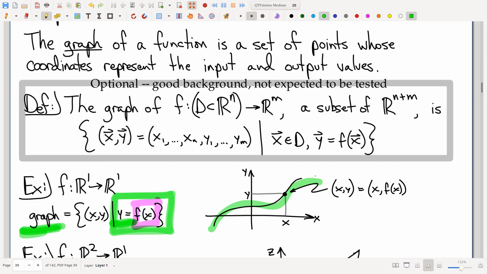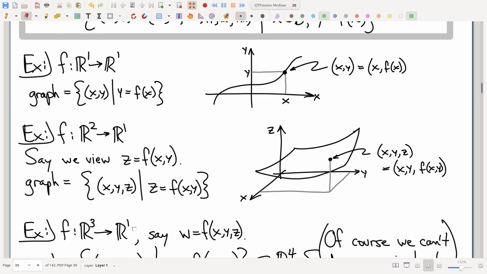Okay, so with that in mind, let's think about a multivariable function, right? Let's think about what if I have two input variables. Right, so here I've got two inputs, x and y. We put those first. I have one output. You can see we're choosing to call that z, arbitrary.